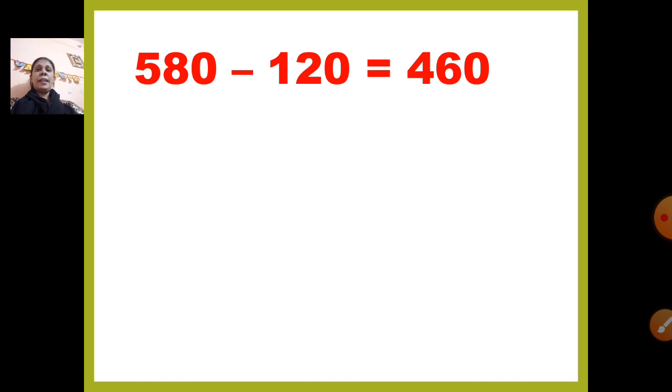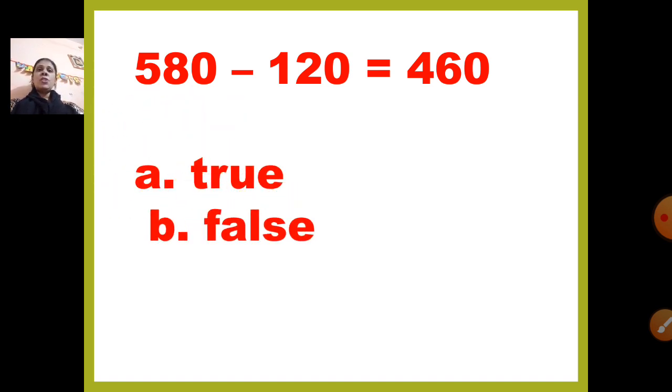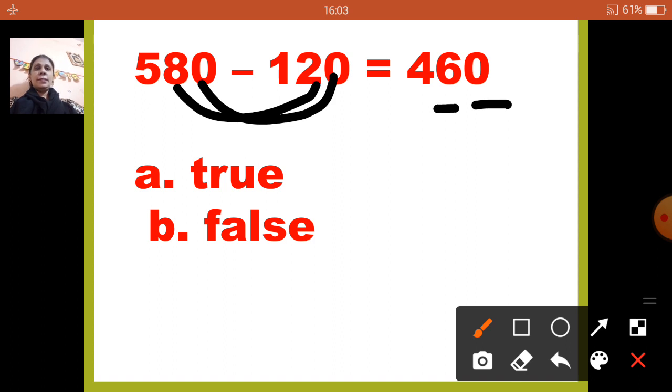580 minus 120 is equal to 460. Option A true, option B false. Now let us solve and check whether it is true or false. Okay, 0 minus 0 will be 0. Okay, 8 minus 2 will be 6. 5 minus 1 will be 4.